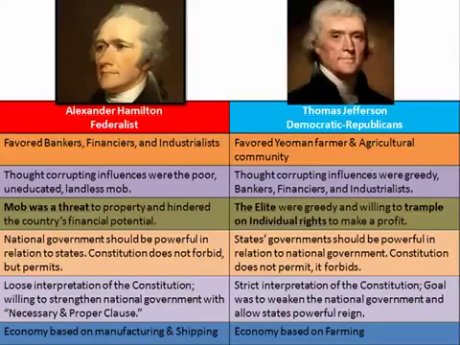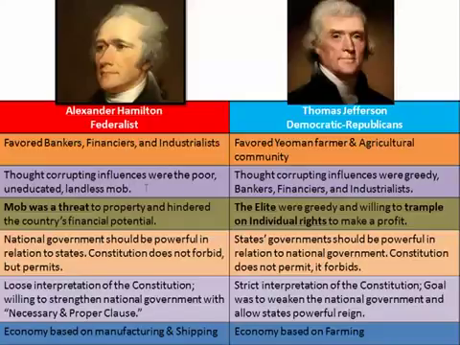The difference between the two, Alexander Hamilton, a Federalist, he favored bankers, financiers, and industrialists. Thomas Jefferson's group were yeomen farmers or people in agriculture, poor people. Alexander Hamilton and the Federalists thought that the corrupting influences within our country were the poor, the uneducated, the landless mob.